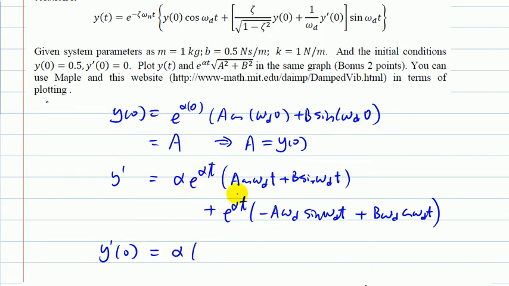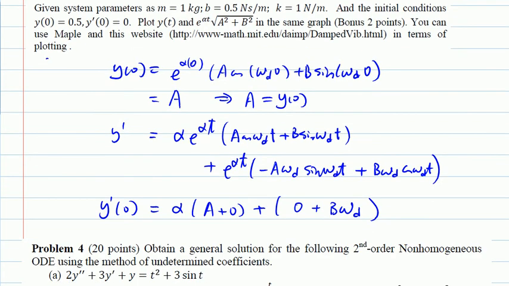So alpha a plus cosine omega d times 0, which is basically a plus 0. That's for this whole thing here. The second one, this is 1, and negative a omega d sine 0 is gone, and b omega d cosine 0, which is 1, right? So that's what you get.